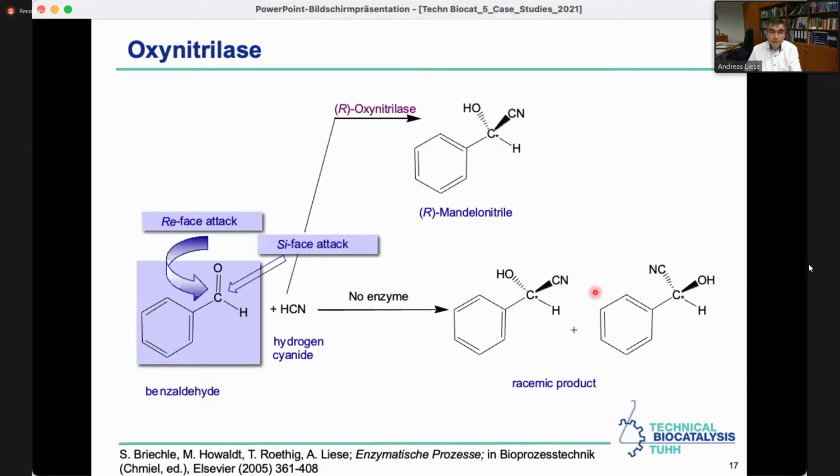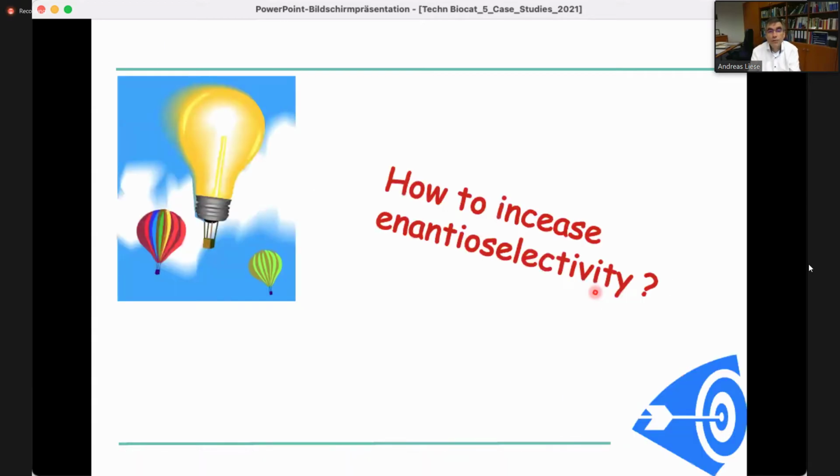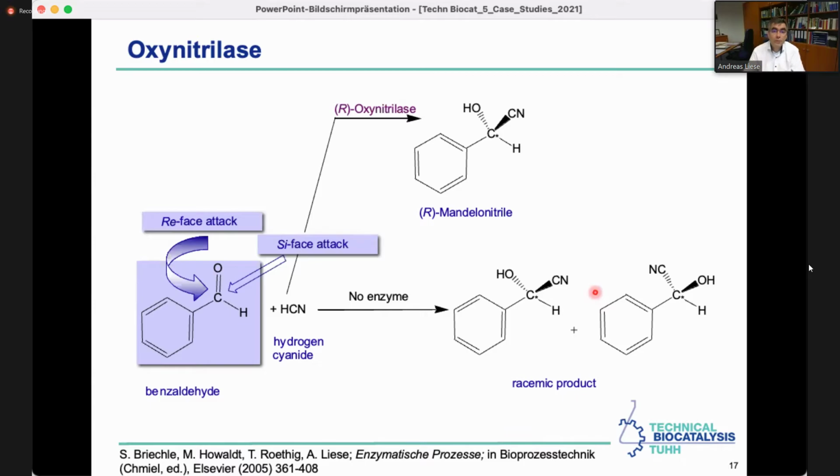Now that's your point, and the question is, how can we maintain a high selectivity, or in other terms, how is a system where we can produce just the R-mandelonitrile? And this is possible because the setup is in industrial production, so there must be ways.